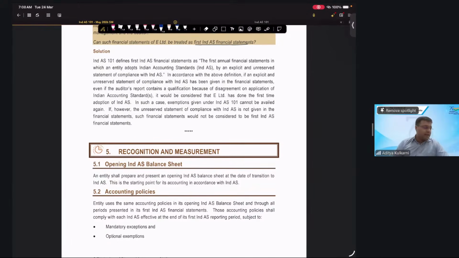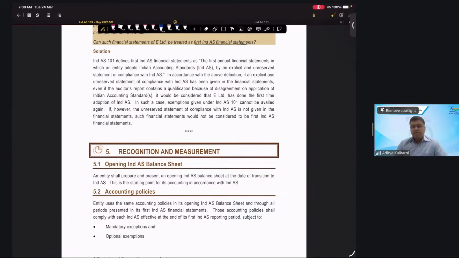So the first activity is you recognize all assets and liabilities which are required to be recognized in Ind AS but not required or not recognized under the previous GAAP regime. What did I say? The first one is recognize assets and liabilities which were not required to be recognized under accounting standard regime.